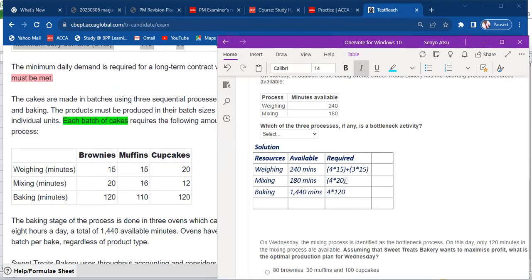I'm going to do 3 batches times 16 minutes in mixing. And I'm going to do 3 batches times 110 minutes in baking.